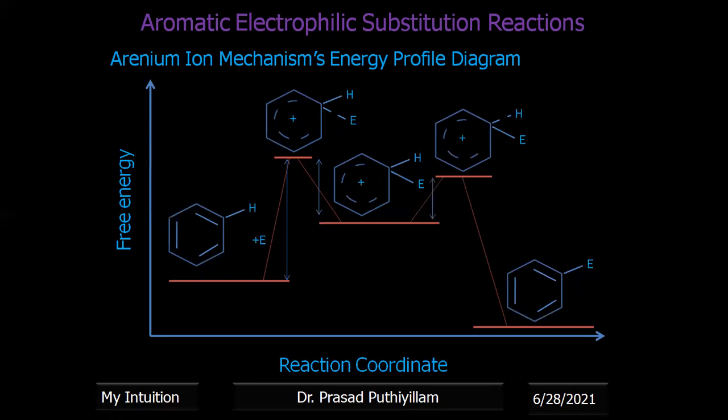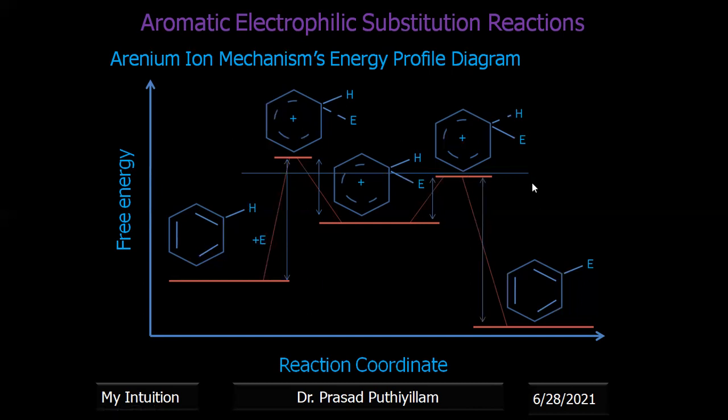Then again the energy difference between the Arenium ion and the second transition state, or you can say the third state, and there is an energy difference. Even by mistake, we should not draw equal levels. This is a somewhat lower energy level than that of the first transition state. That's why I have separated it here to identify that.